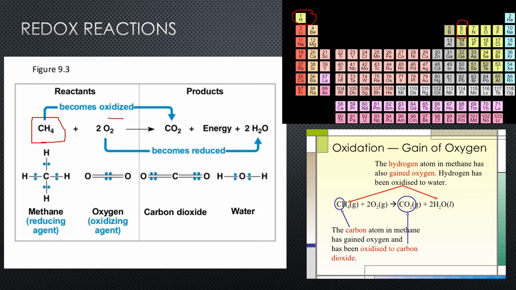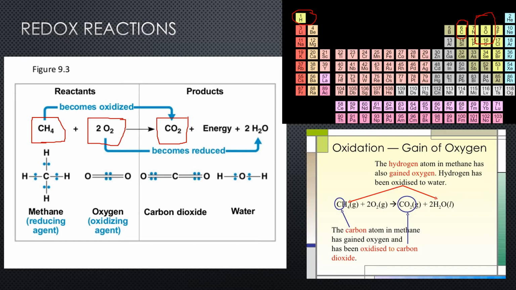But if we introduce oxygen to that, oxygen is even further over here on the right, and it likes to take away those electrons and that charge. So when we go from methane to carbon dioxide, note that we have gained oxygen and lost hydrogen.